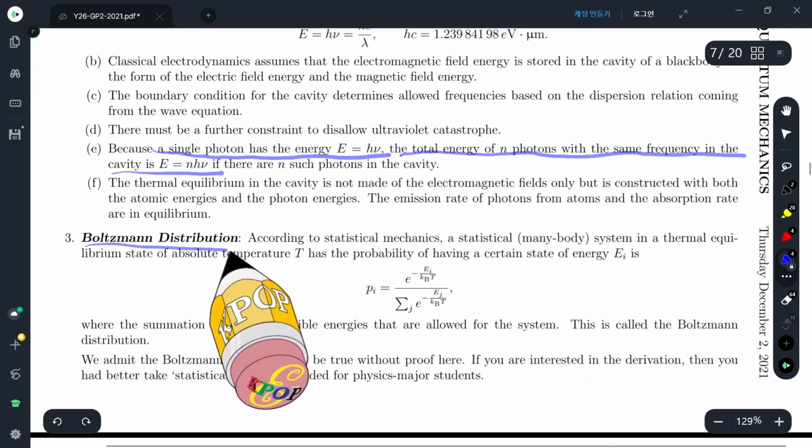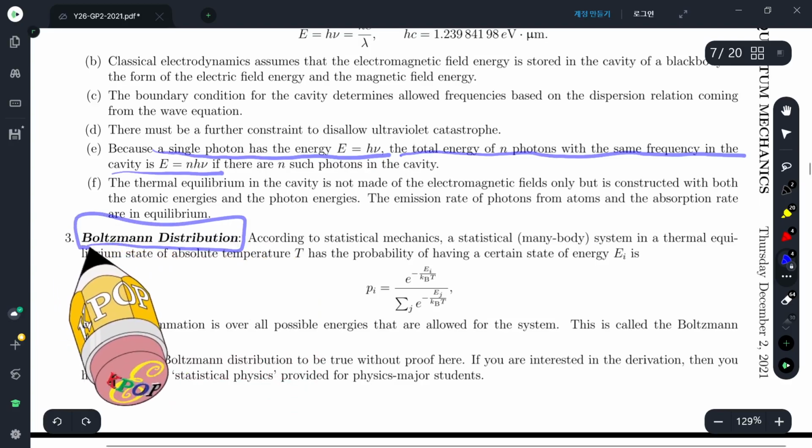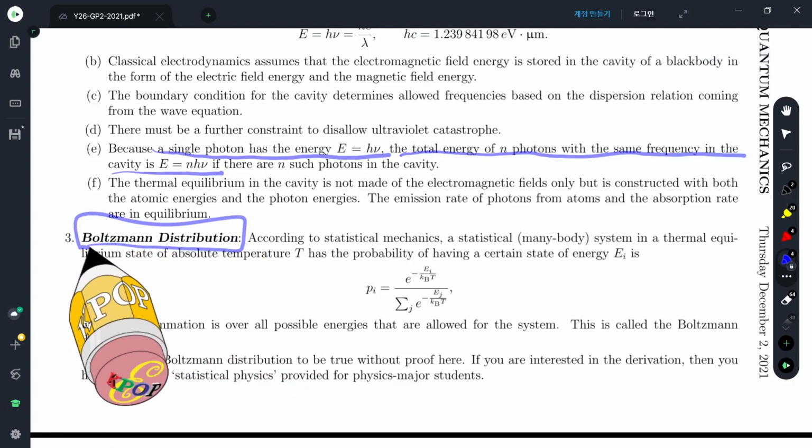The Boltzmann distribution states the probability of having such an energy state. The photon has a specific frequency, but photons are emitted from the quantum harmonic oscillator in a cavity, and the quantum harmonic oscillator has a discrete energy level that is a multiple of h nu.